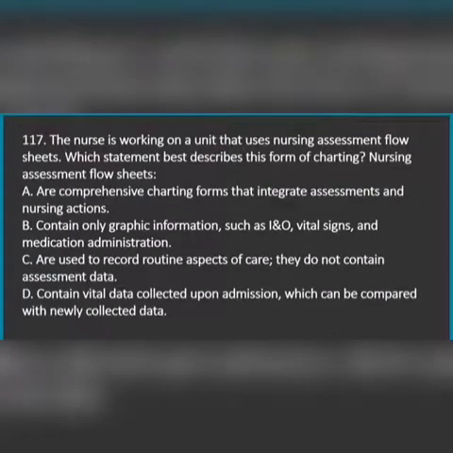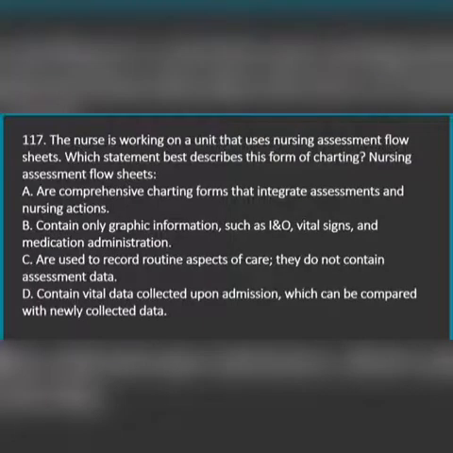Question 117. The nurse is working on a unit that uses nursing assessment flow sheets. Which statement best describes this form of charting? Nursing assessment flow sheets. A. Are comprehensive charting forms that integrate assessments and nursing actions. B. Contain only graphic information, such as I&O, vital signs, and medication administration.